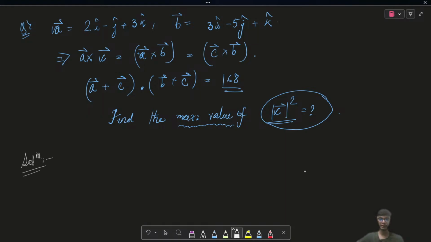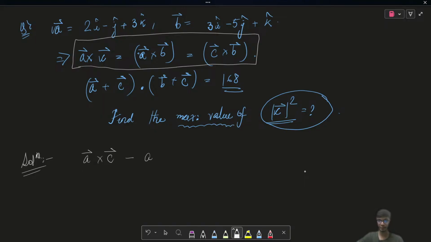If I look at this expression over here, I can write the same expression by taking this part on the left hand side, and it is equal to 0, since this is an identity.